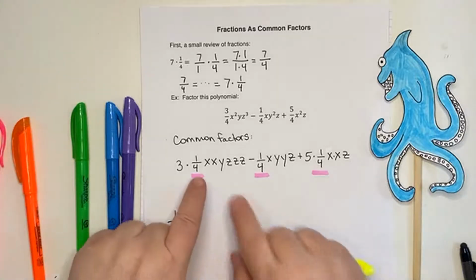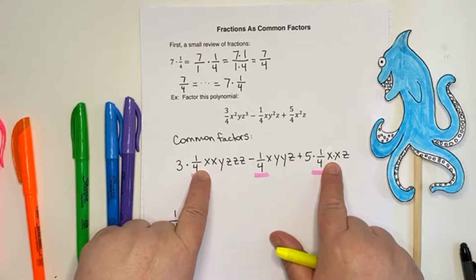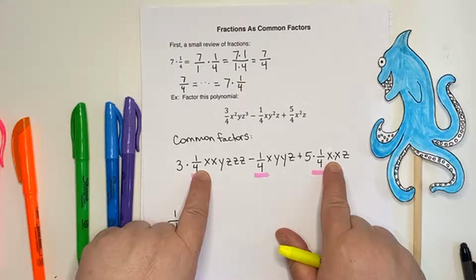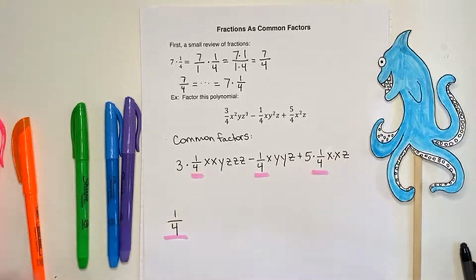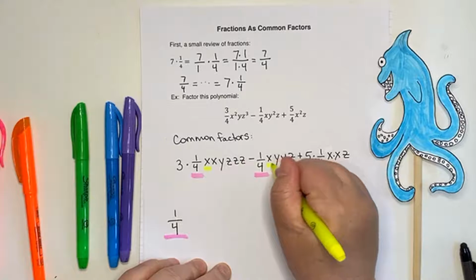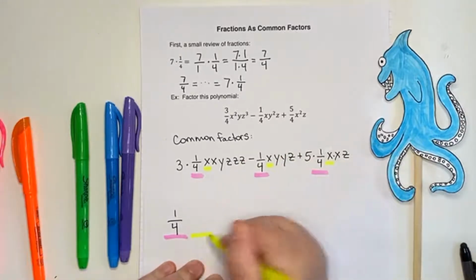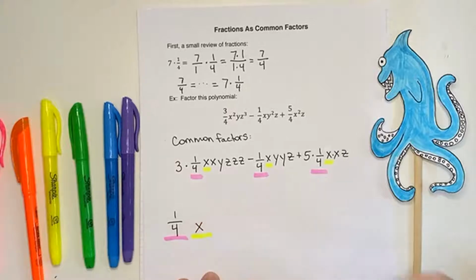Here I have to take a look. I've got 2 x's, I've got 1 x, I've got 2 x's. You try to take out as many as you can, but you can't take x's that aren't there. So if there are 2, and then just 1, and then 2, I can only take out one. That's the only thing they have in common. So I factor out the 1x.